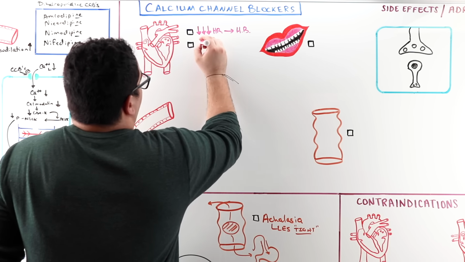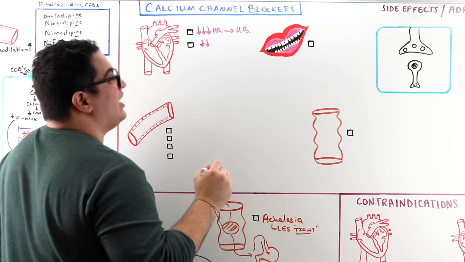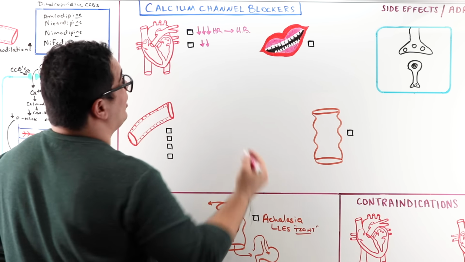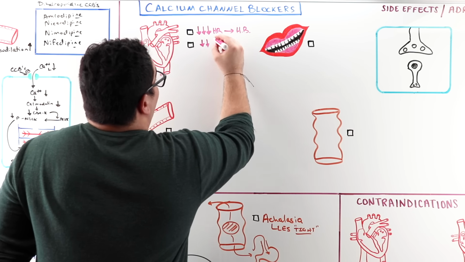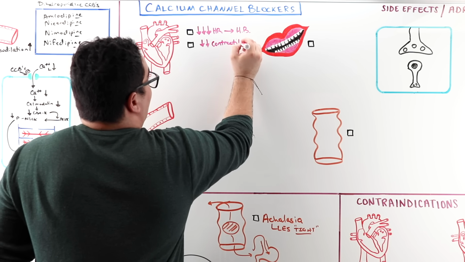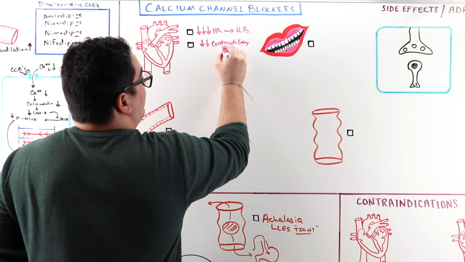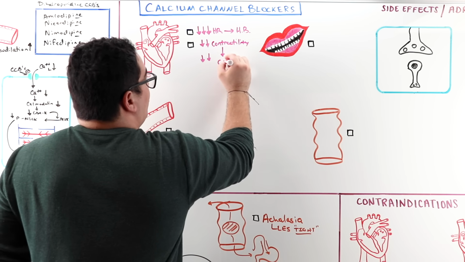Another thing is, remember, you reduce contractility. So maybe if you give too much of this drug or you give it to someone who already has potentially a weak heart, or maybe even aortic stenosis or something like that, then you can reduce their contractility, right? This generally reduces contractility. But if you give too much of it or they're a little bit more sensitive, what does that do? Well, that drops their cardiac output.